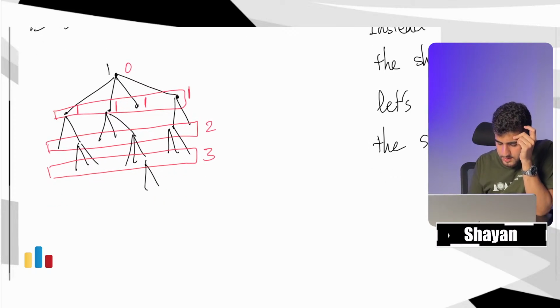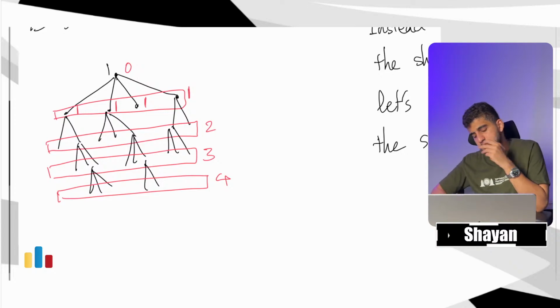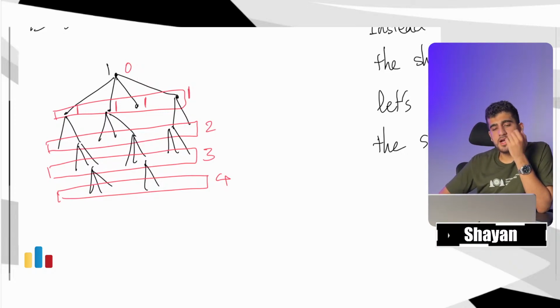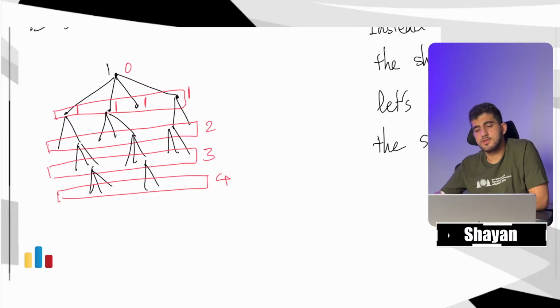So if I go forward, I can find the distances from the root to all these vertices. Vertex 1 as the root has distance 0, all the neighbors of vertex 1 have distance 1, all the neighbors of neighbors have distance 2, then distance 3, and so on. Right? The graph is unweighted. We don't have any weights.